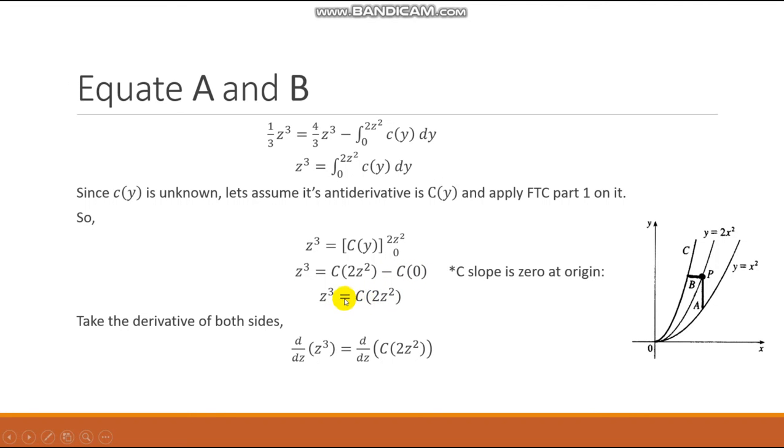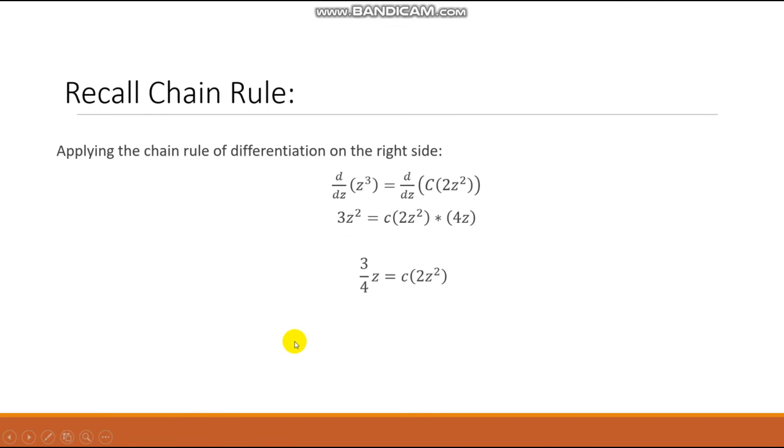So at this point, the next step is to take the derivative of both sides, because we want the actual line c, not the antiderivative of c. When we do that, we use the chain rule, and the derivative of z cubed becomes 3z squared.